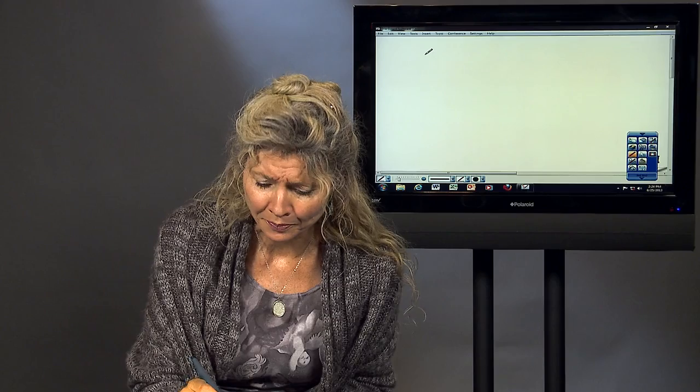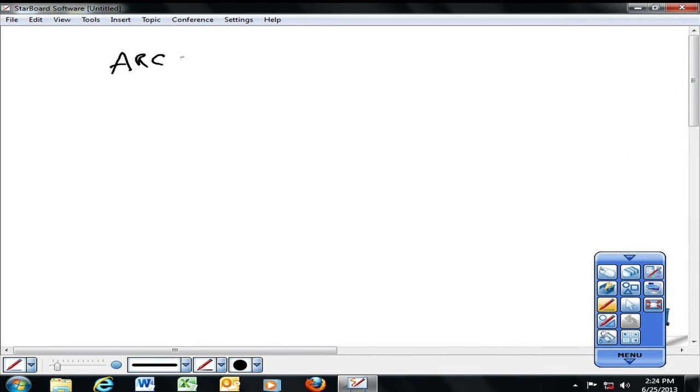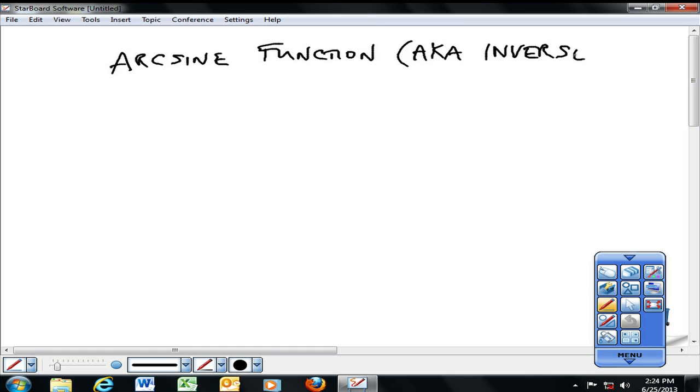I'm just going to note that the arc sine function is also known as, or AKA, your inverse sine function. So if you read about your arc sine function, it is in fact the inverse sine function.